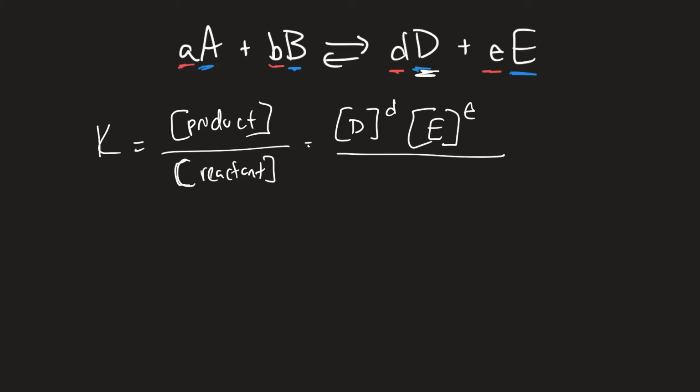So we have the concentration of A to the power of its coefficient times the concentration of B to the power of its coefficient. This is basically how this works.